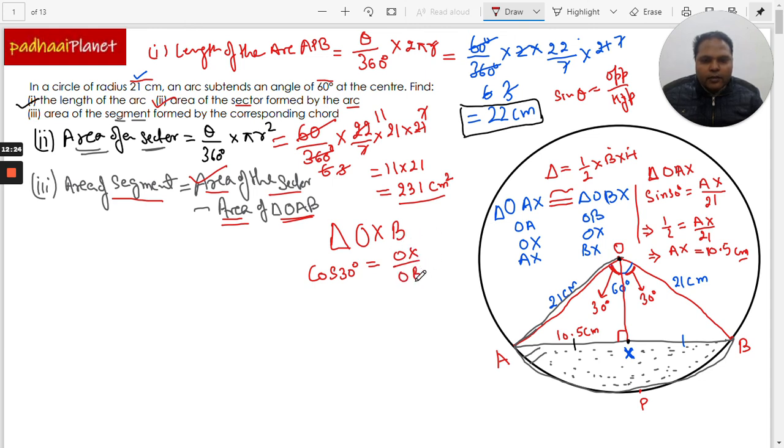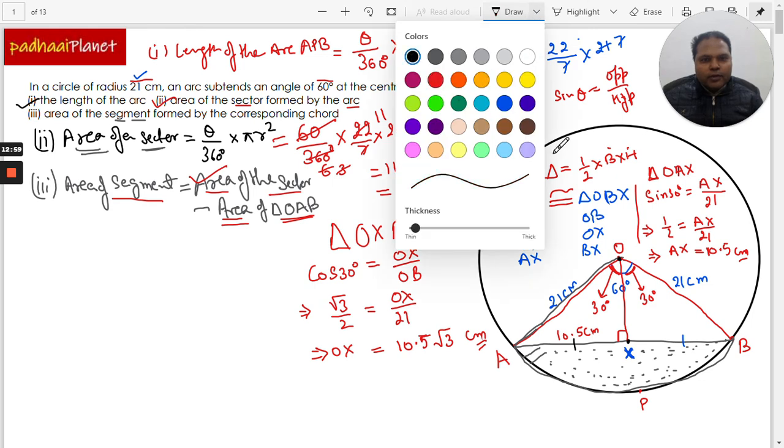We already know the value of cos 30 degrees is always √3/2. OX we need to find out, and OB is already available, and that is 21. So we can now say that OX is equal to 10.5√3 centimeters.